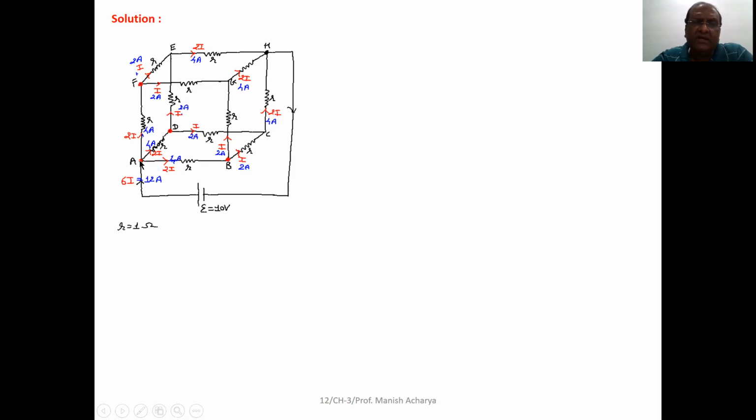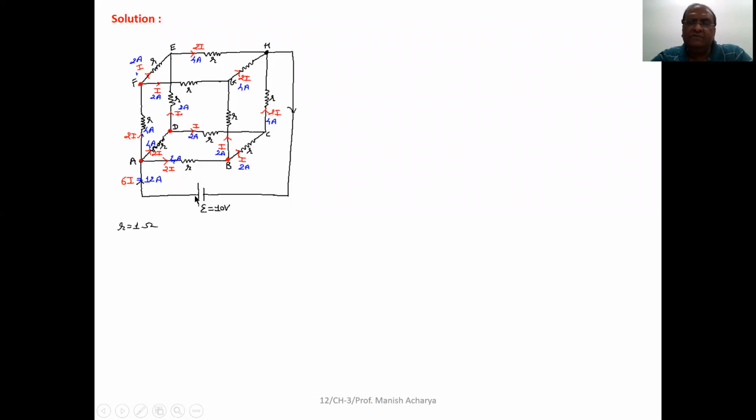So in our case, we want to find the equivalent or resultant resistance between terminal A and H. Therefore, between A and H, the battery of 10 volt is connected.